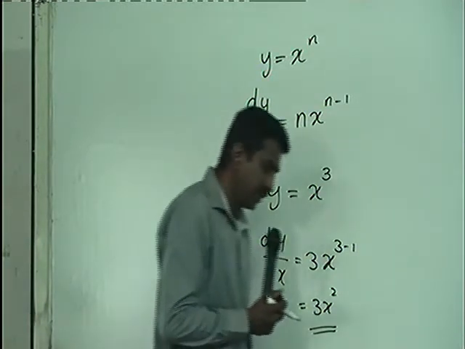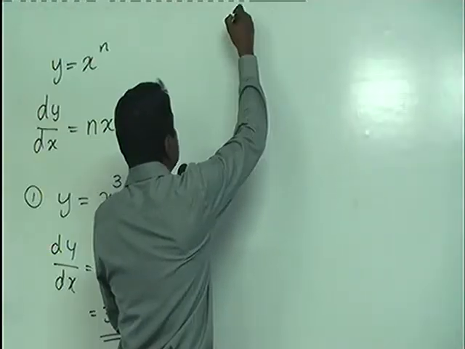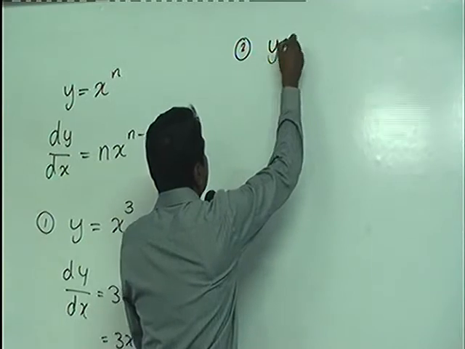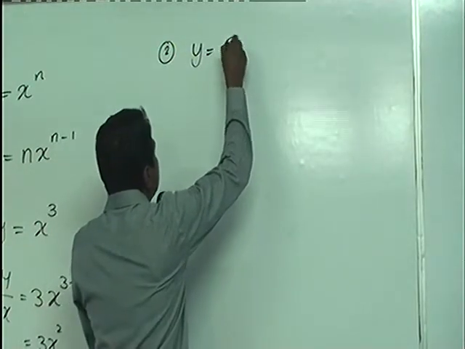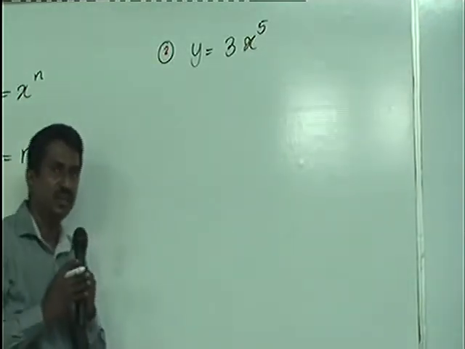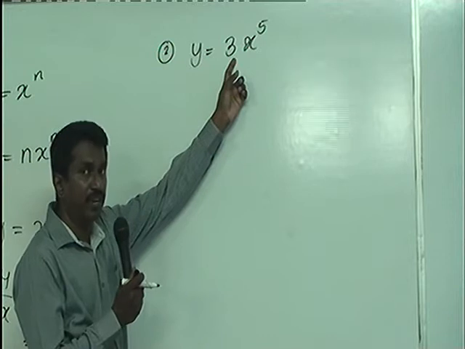Then we did the second type of example. That is, if you have a coefficient in front of the variable, say y is equal to 3x to the power 5. What is the difference? Now you have a coefficient in front of the variable.